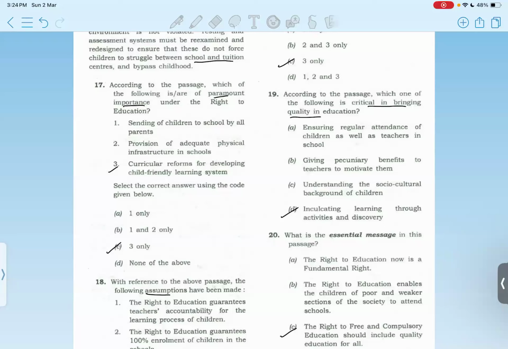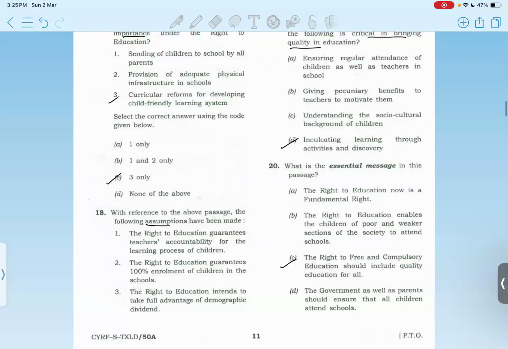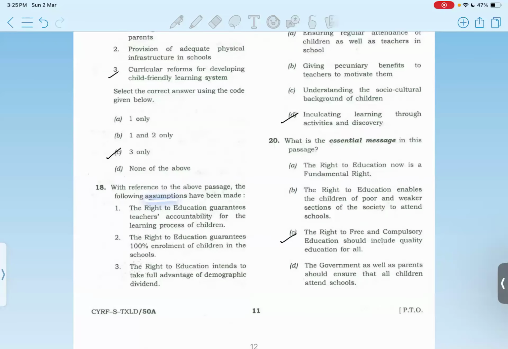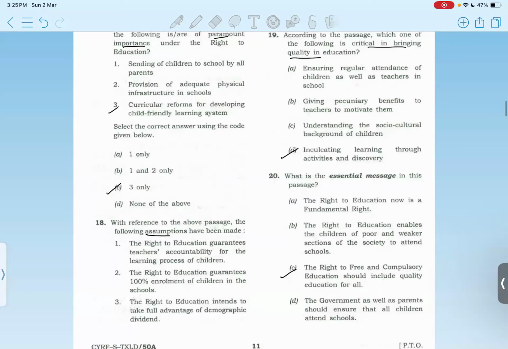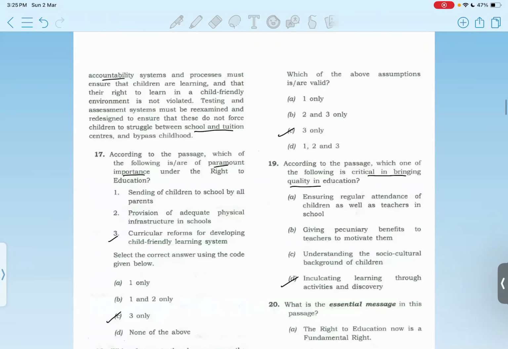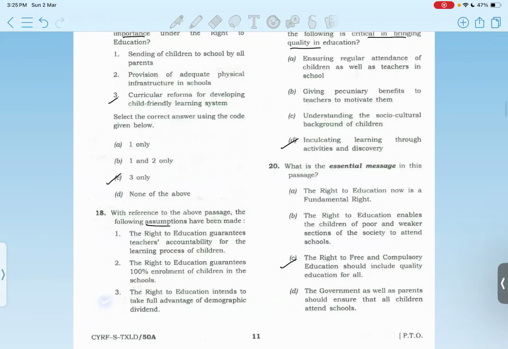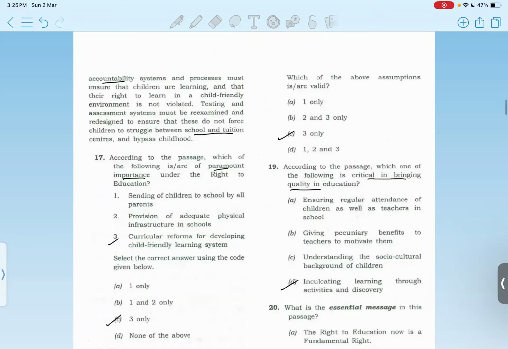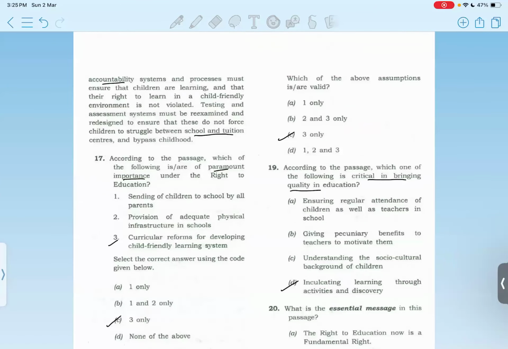I felt that only 3 option is clearly visible, so I went with option C. Then you have to guess the assumption out of these 3. Only 3 is the most valid one which I found. It should be option A or C for 18th. Option A.